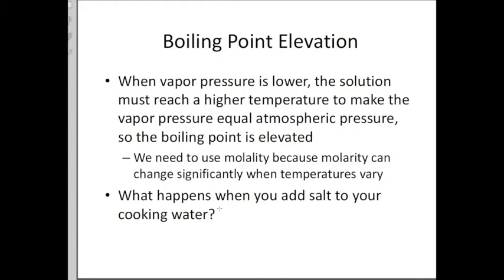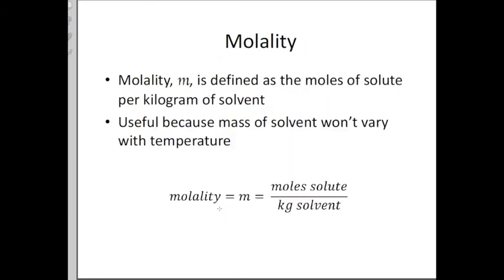Instead, we'll use molality, which is a different measure of concentration that will not change when the temperature changes. Molality, symbolized by this lowercase italicized m, is defined as the moles of solute per kilogram of solvent. This is different from molarity in two ways. First, it uses mass in kilograms instead of liters, and second, it's only the solvent and not the solution.